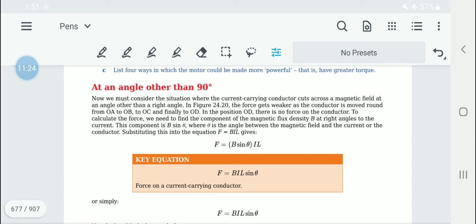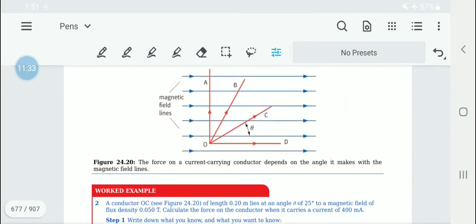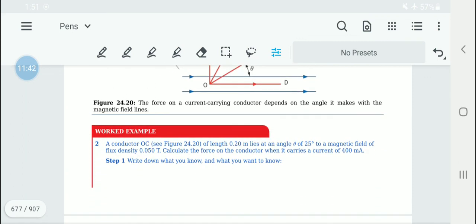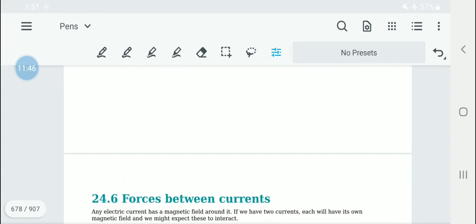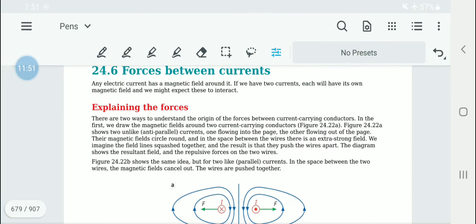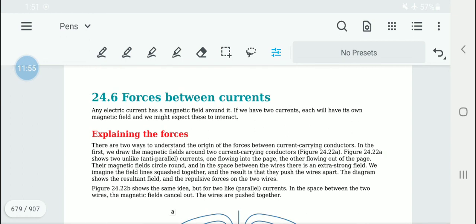To calculate the force that is generated, we use the following equation: F equals BIL sine theta. I would suggest that you draw this diagram to understand it better, and move to question number 12, so you would understand all the details. We will discuss forces between currents in the next video.